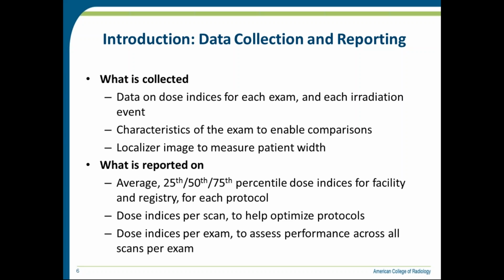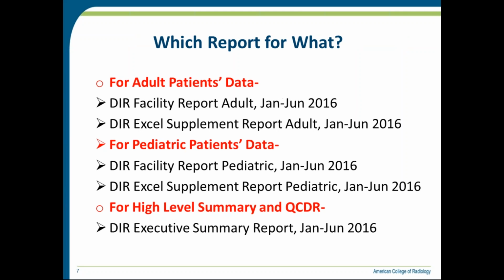We do not report the means because means are more subject to extreme values than medians. We report dose indices per scan to help optimize the protocols, and dose indices per exam to assess performance across all scans per exam.